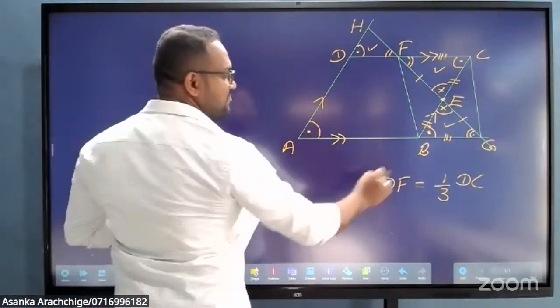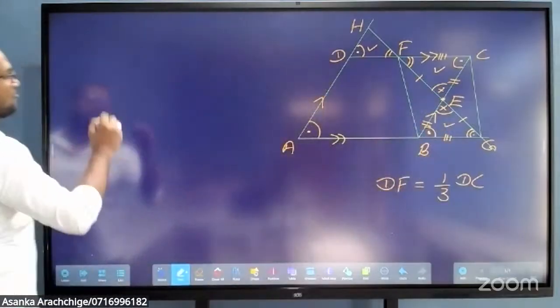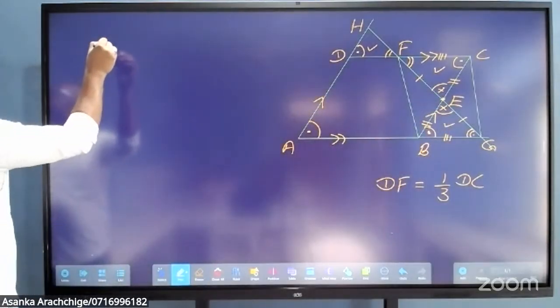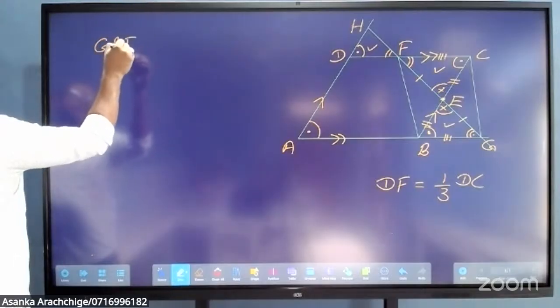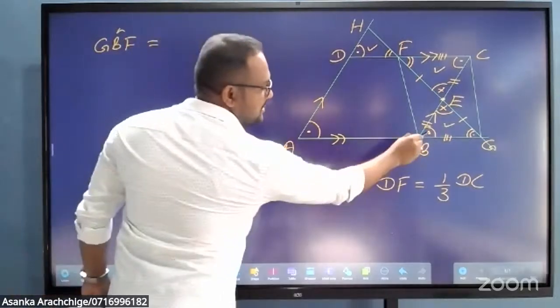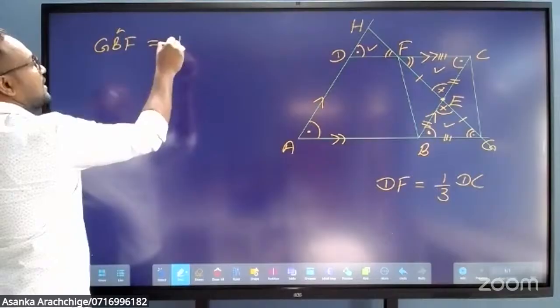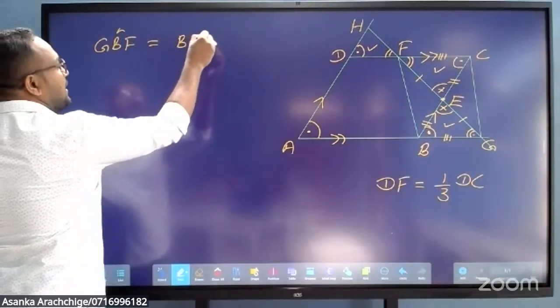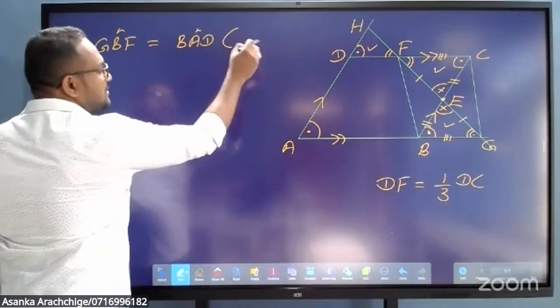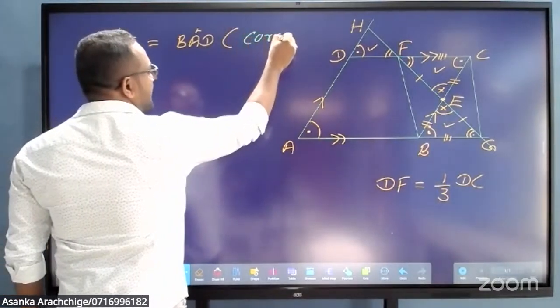You can say angle GBE is equal to BAD. Reason: corresponding angles between parallel lines.